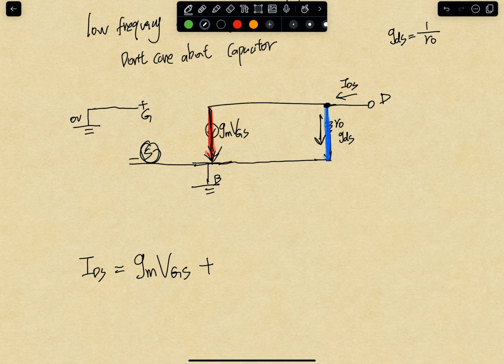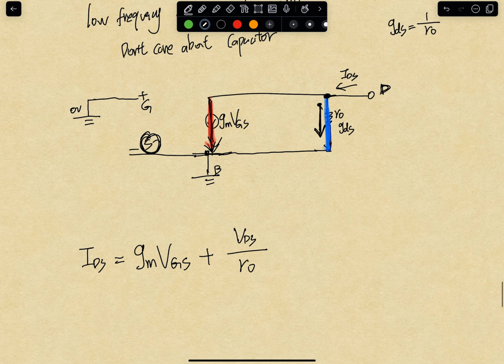The current flowing from VD to VS will be VD minus VS, which is just VDS, divided by RO.